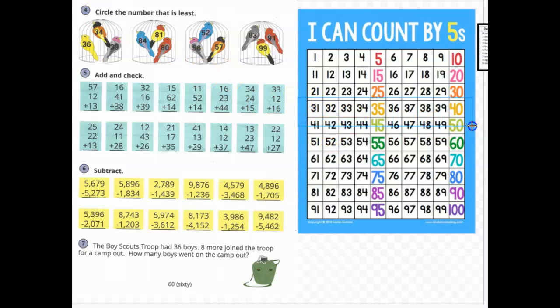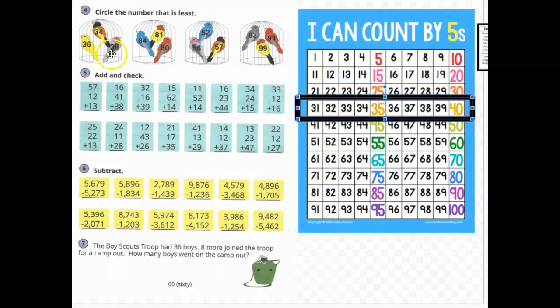So that is this column right here. They're all part of the 30s. Okay, so then we just compare the second digit, which is the ones place, and we see which one is the smallest. So this one has a 6, this one has a 4, and this one has a 9.